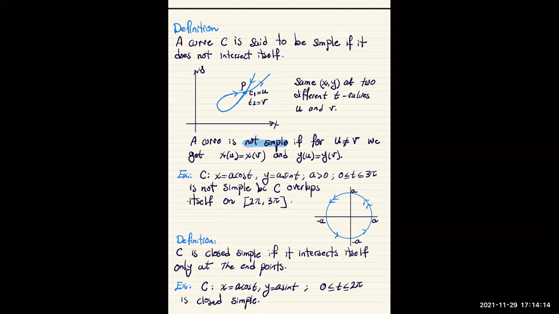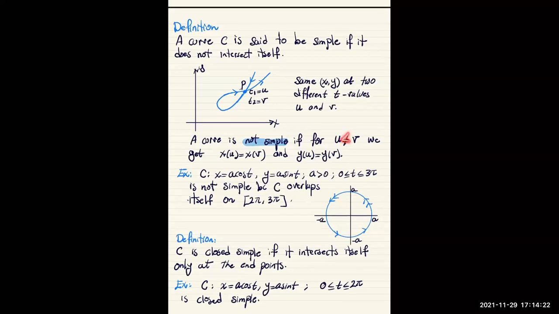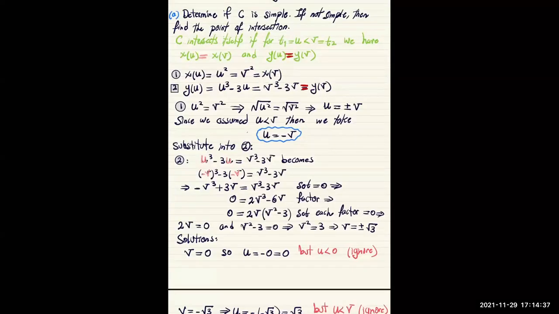A curve is not simple if for u not equal to v, we have x of u equal to x of v and y of u equal to y of v. You could say u less than v here, doesn't matter. That's just the definition of a curve not being simple. That is a given. And then we just put T1 and T2 for u and v.